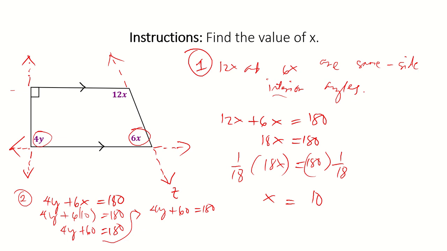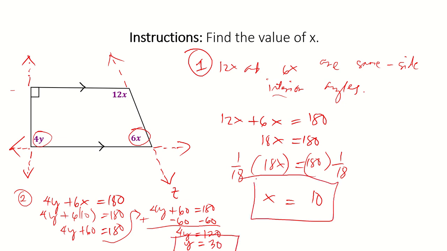So you need to add negative 60. So 180 minus 60 is 120. Then we divide both sides by 4 or multiply both sides with 1/4. So that's 120 divided by 4, you'll get 30. So y is 30, x is 10.